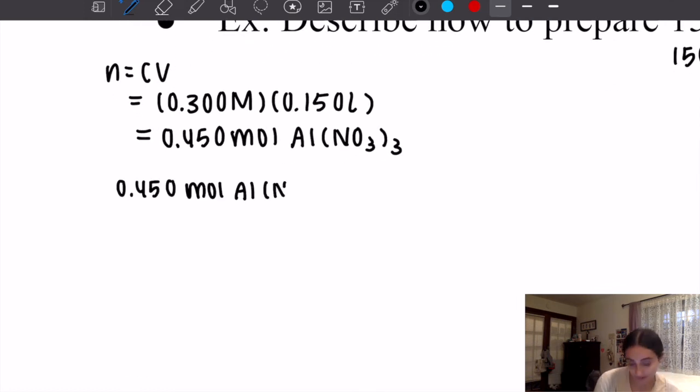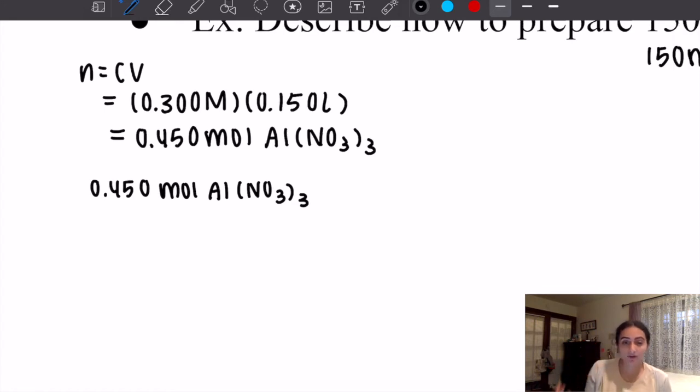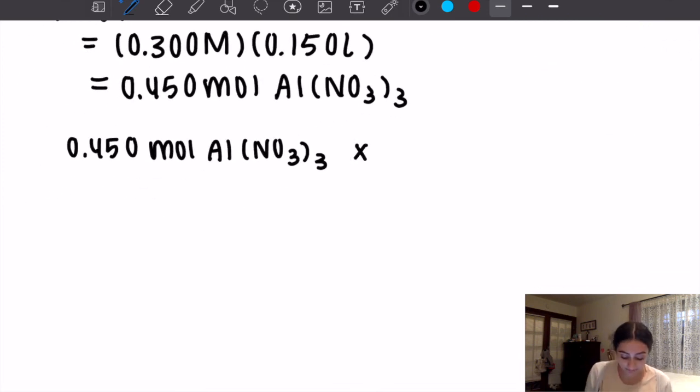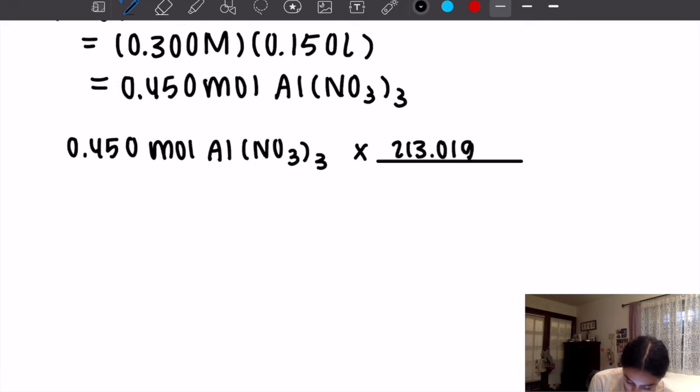So just a reminder, we are describing how to prepare this solution, and you can't just pour in a certain volume of a concentration. The way you make these solutions is by dissolving a solute in a solvent. That is what a solution is. So we need the solute, and that's what we're trying to find. So we are going to do the molar mass, which is 26.98 plus 3 times 14.01 plus 9 times 16, which is going to get me 213.01 grams over 1 mole.